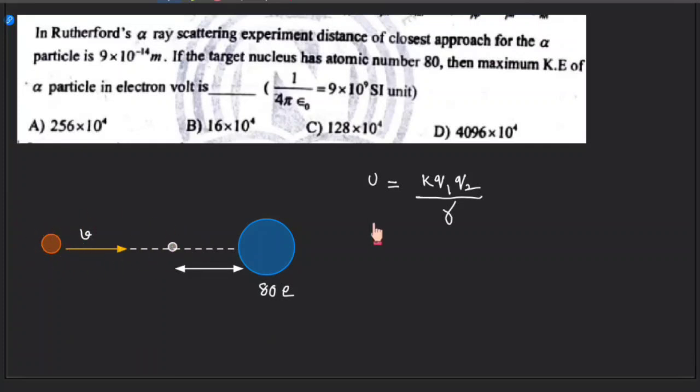Therefore the kinetic energy of this alpha particle should be equal to the potential energy at that particular point.